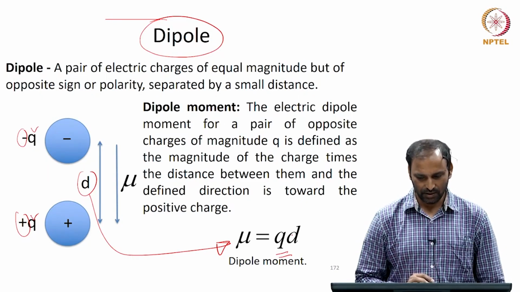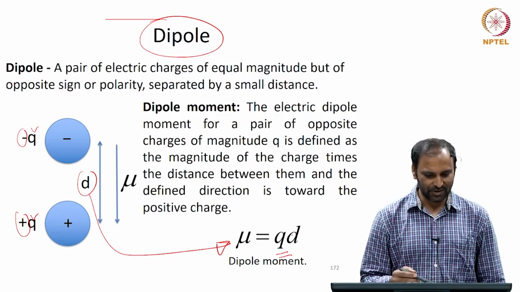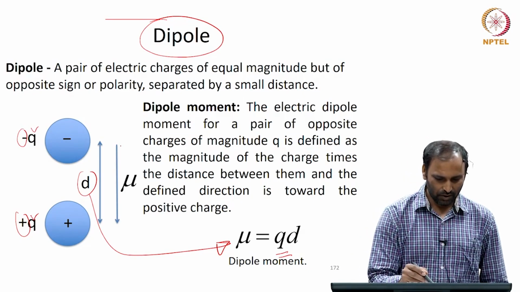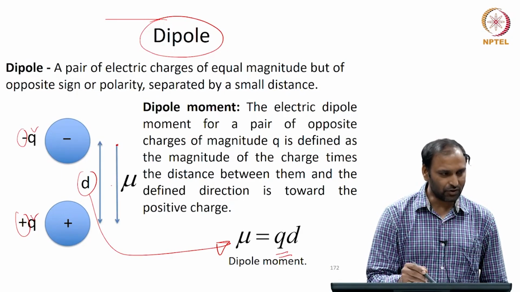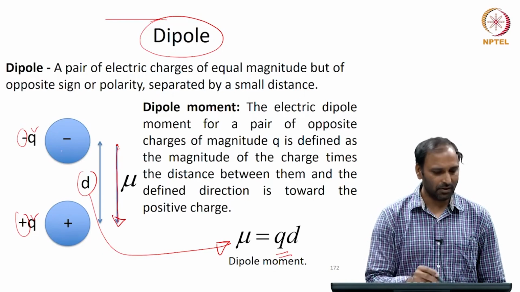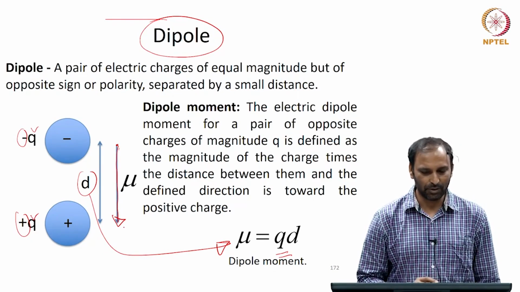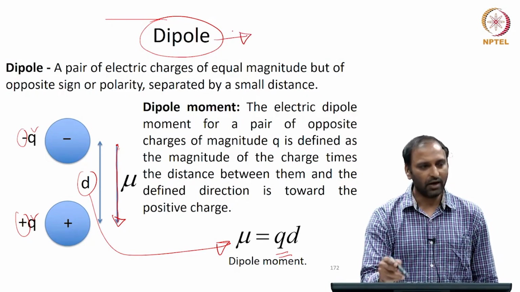That is a dipole. Typically whenever you represent a dipole, you start with a line from the negative charge and draw an arrow pointing from the negative to the positive. That is a typical convention that people use. That is what is called a dipole.